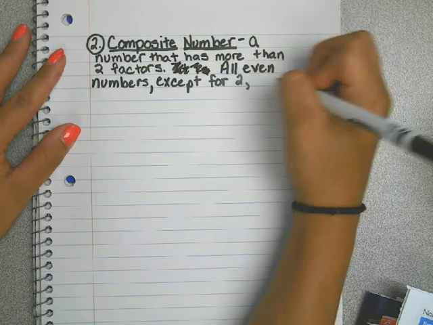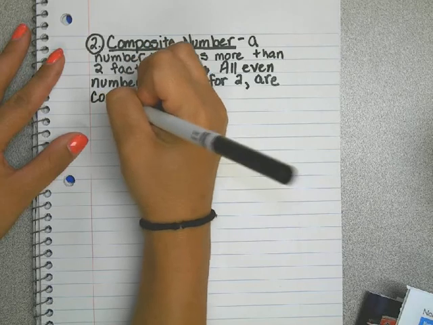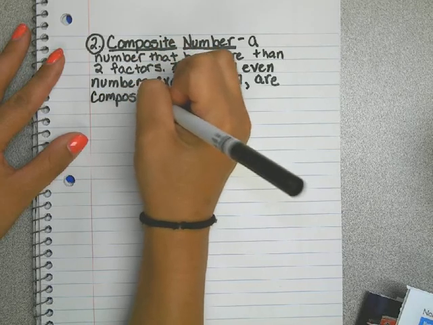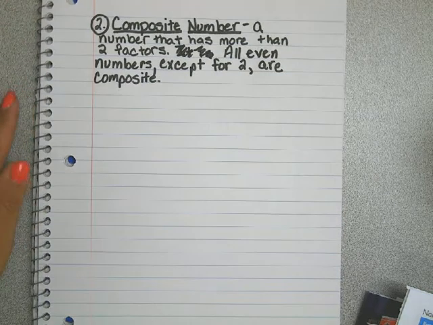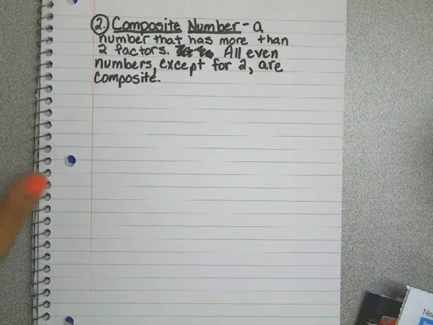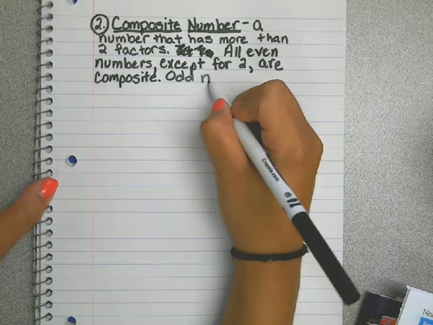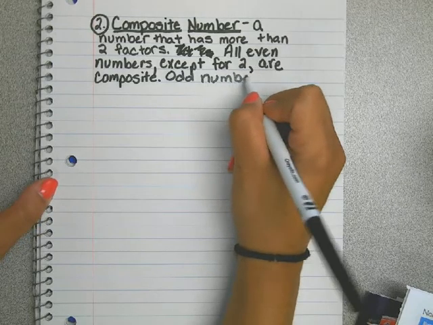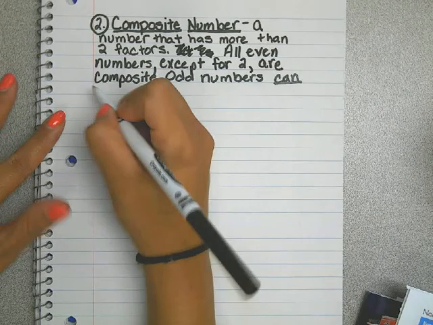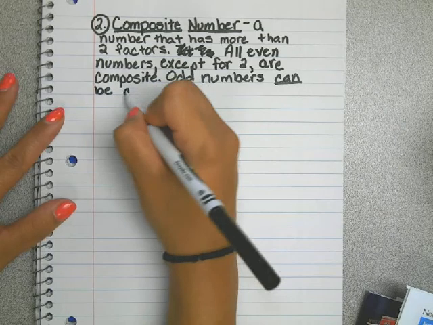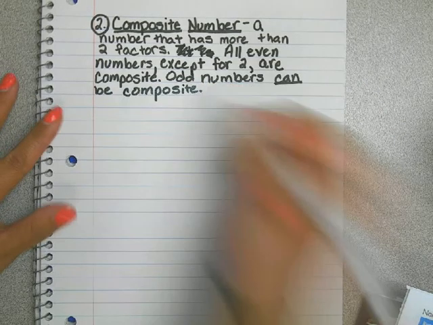All even numbers are composite, but it can be an odd number. So, erase it. All even numbers except for 2 are composite.